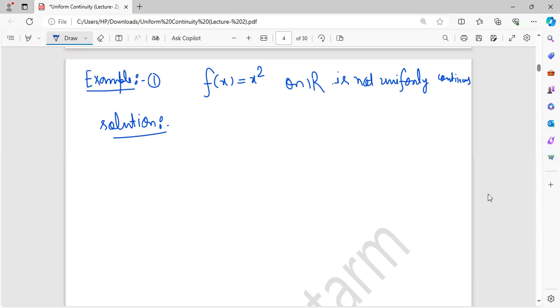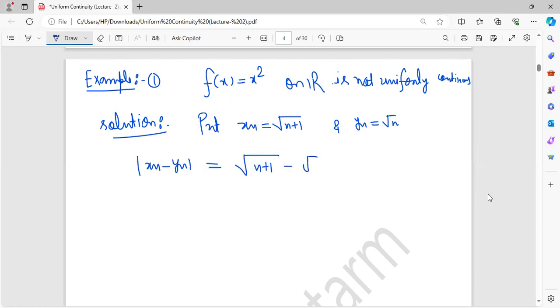Okay. So I am taking this sequence: xn is equal to under root n plus 1 and yn is equal to under root n. So what is the xn minus yn difference? Because this is a positive quantity, we can skip the modulus.